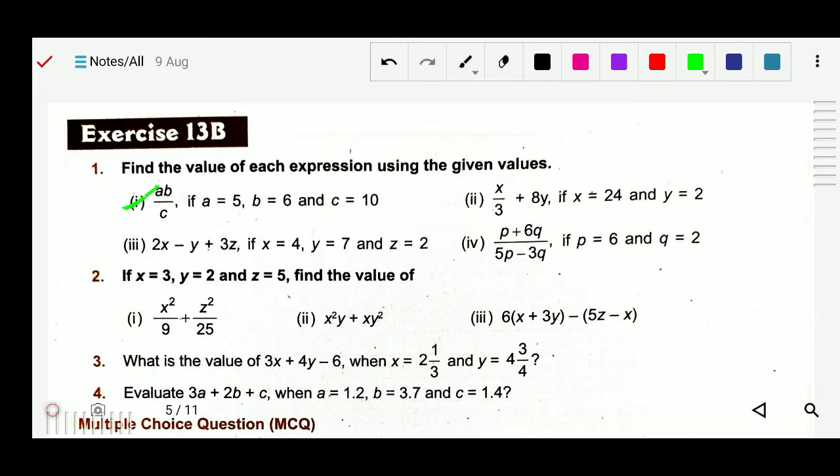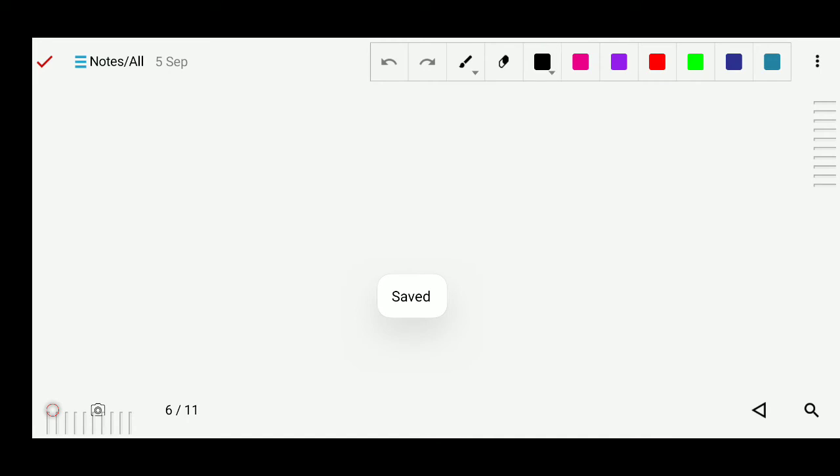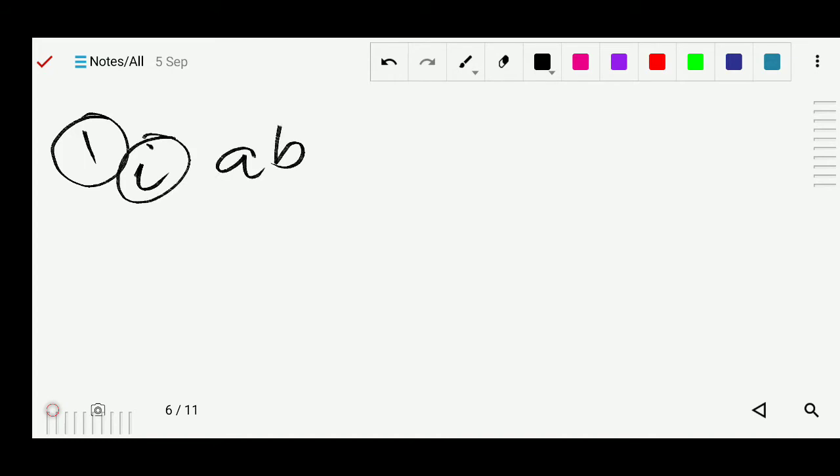The expression is a b divided by c, if a's value is 5, b's value is 6 and c's value is 10. So let's solve this question. So number 1 is a into b divided by c. ab means a into b.